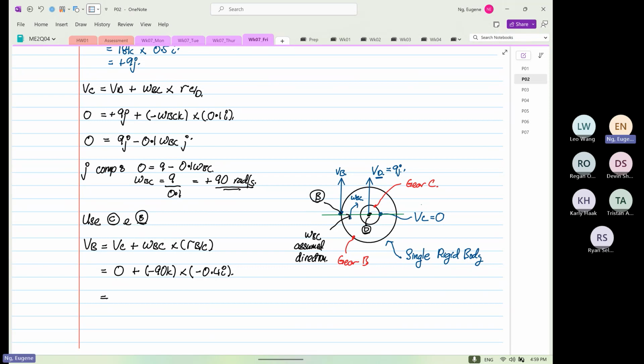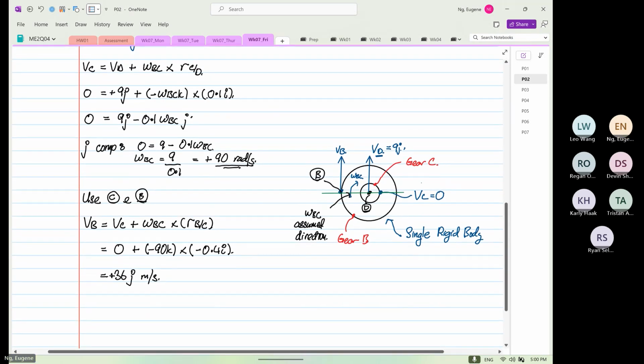So K cross I is positive. 90 times 0.4 is equal to 36 meters per second. Okay, 36 J meters per second. Okay, positive. Positive over here means the direction is also correct.